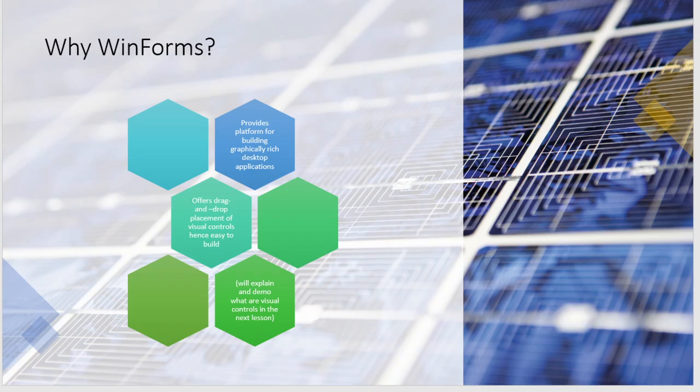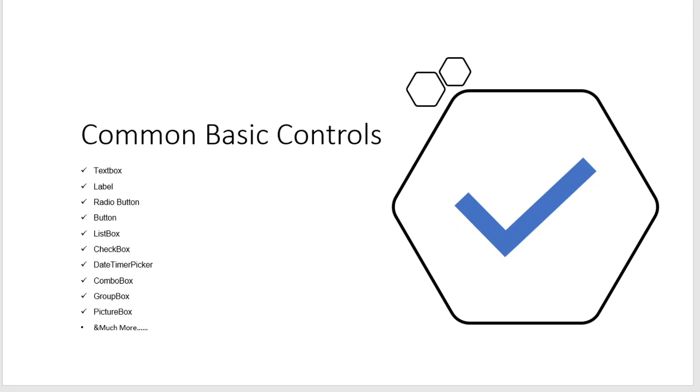You're going to see what visual controls are, how they are used, how to adjust them and quite a number of properties on them. Just to give you a heads up, some of the visual controls we are going to encounter are text boxes, labels, radio buttons, check boxes, combo boxes, picture boxes, and much more.